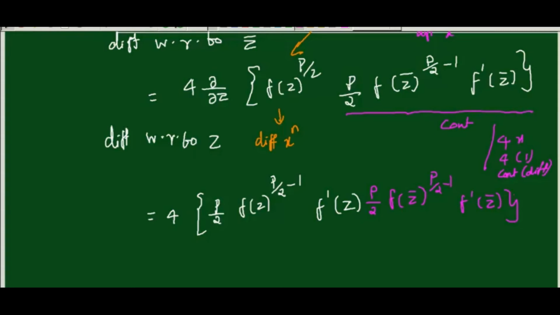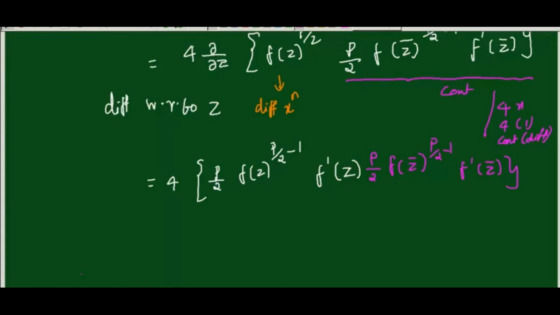Next, I'm going to simplify this. So it is equal to 4 times, written as it is. Taking out this p by 2 and this p by 2, what will come? p square by 4.